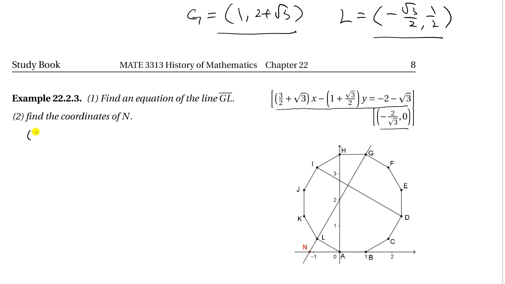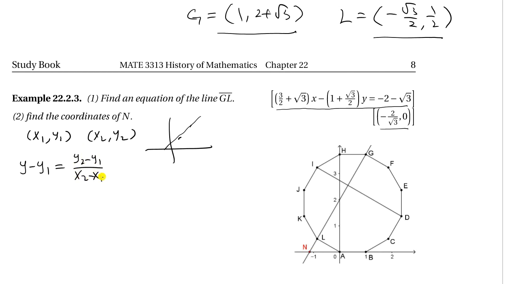So like (x1, y1), and (x2, y2). Then the line passing those 2 points is y minus y1 equals, the slope is y2 minus y1 over x2 minus x1, times x minus x1, right?